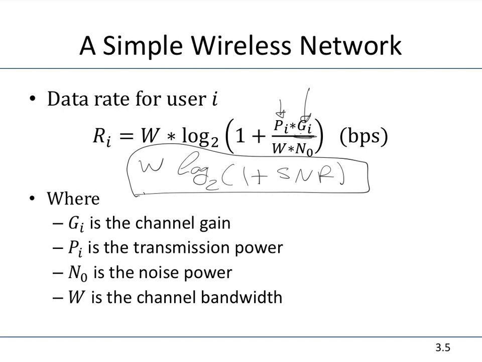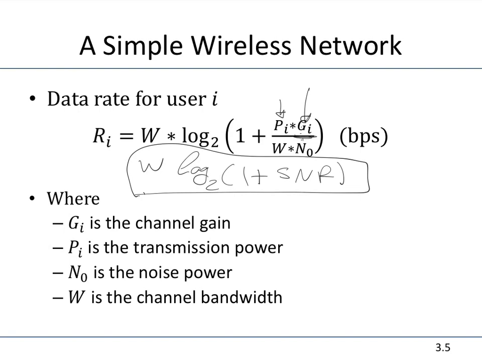The received power divided by the noise is the signal to noise ratio. So this is Shannon's equation. N0 is the noise multiplied by the band. So this is basically the equation.